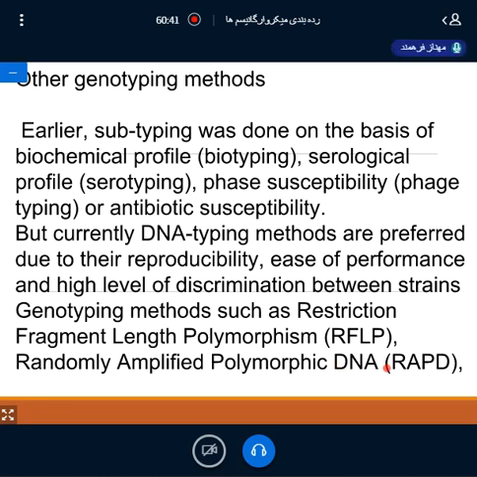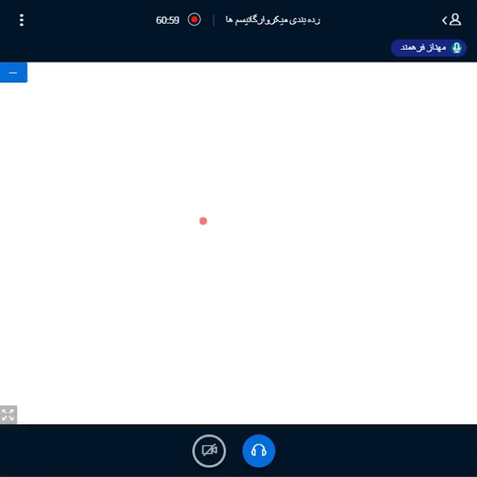You have read it before. RFLP we have studied, and RAPD we have studied too. So these are other genotyping methods too.